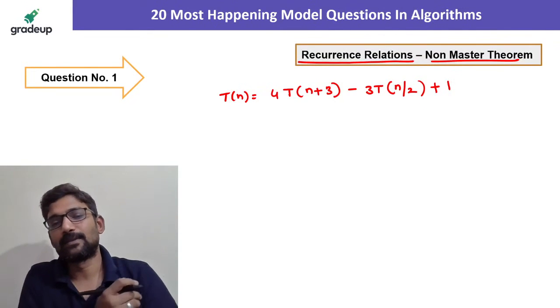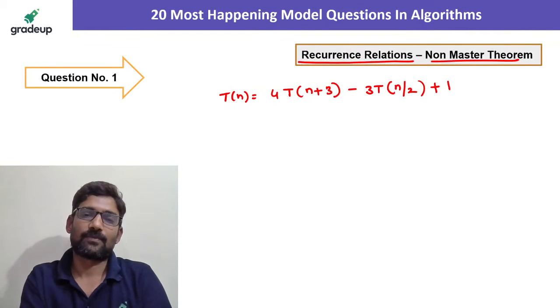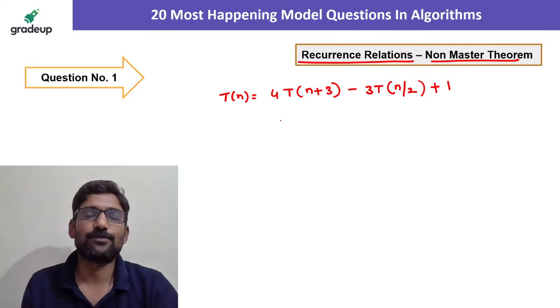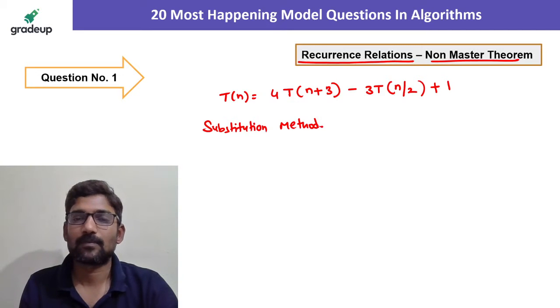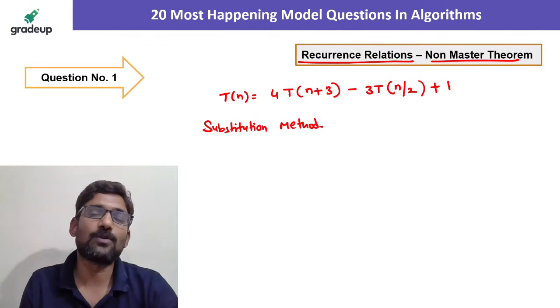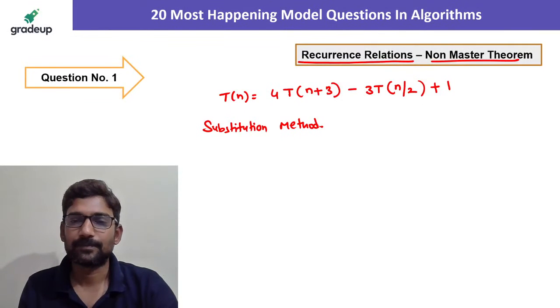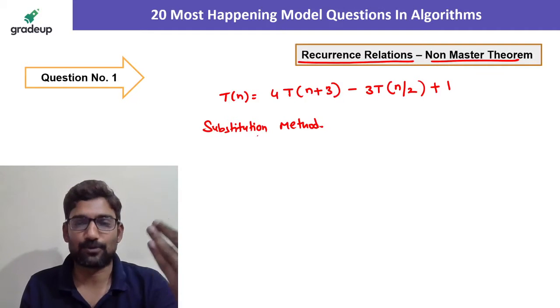Suppose you are given to solve this recurrence relation. What we have to do? Definitely you have to follow substitution method. There is no other way. Right? So just I will give you how to approach.